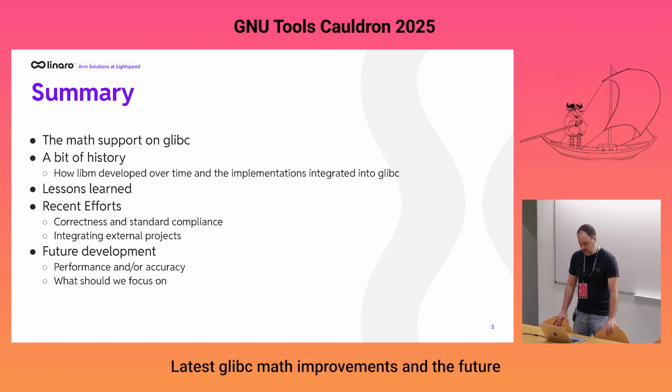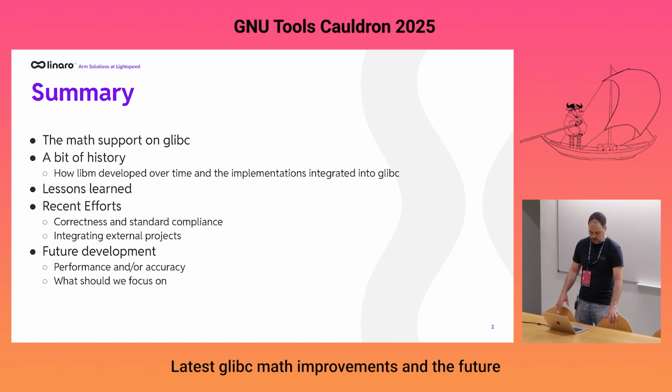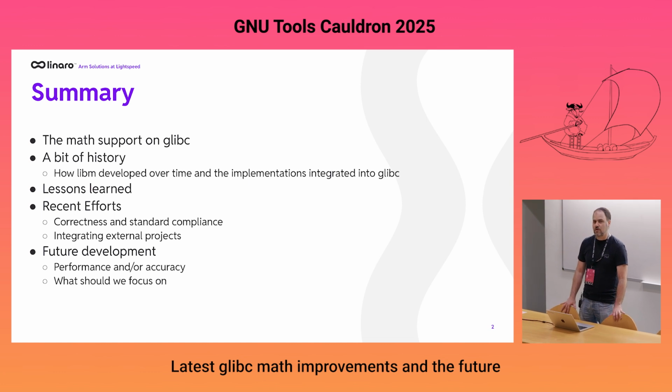And the last part is future development, which is something that I do not have set in stone, so I would like some feedback, because there are a lot of topics that we can focus on and there are not many developers that we can work with. So if I can have some ideas and some discussion from the topics I bring, it will be really helpful.